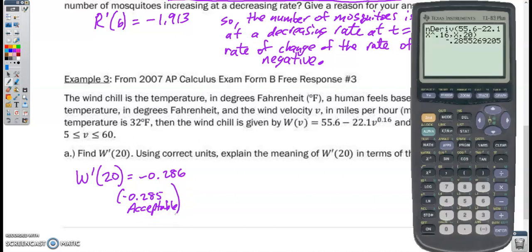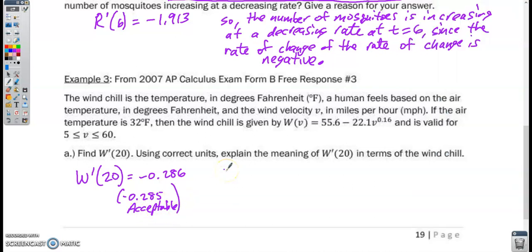And explain the meaning of W prime of 20 in terms of the wind chill.